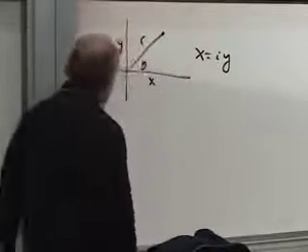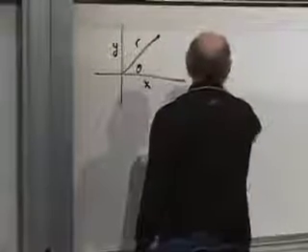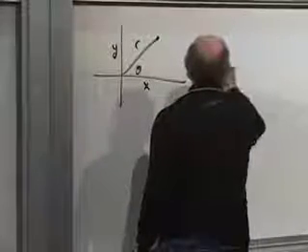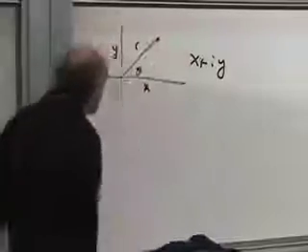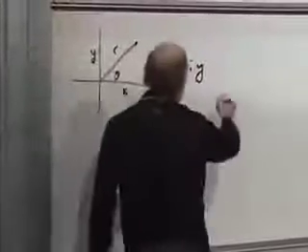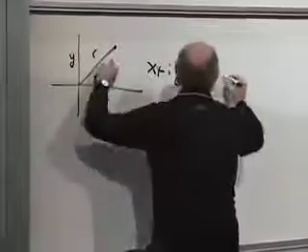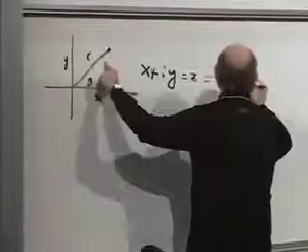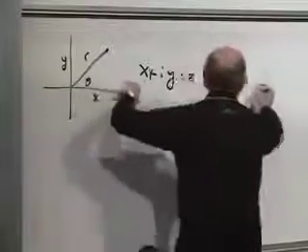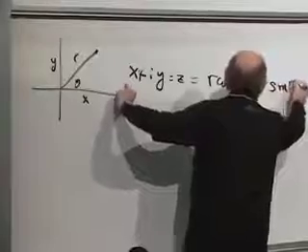And it can be represented in the form x plus iy, that's the complex number z. It can also be written in the form r cosine theta, that's x, plus i r sine theta, that's y.